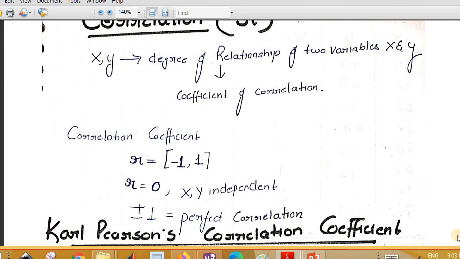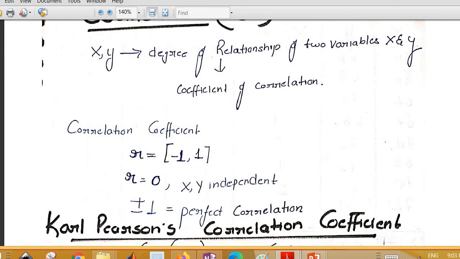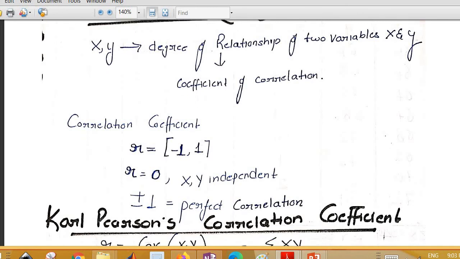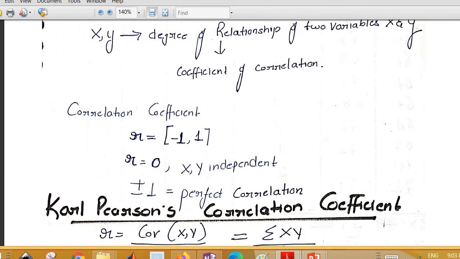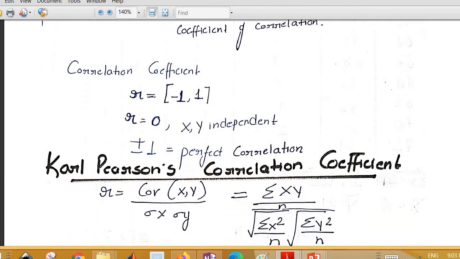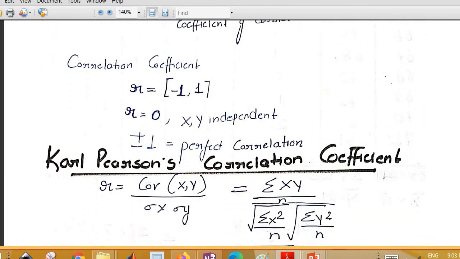Now two methods are there. The first is the Karl Pearson coefficient of correlation, to find the correlation coefficient with the help of the Karl Pearson method. So this is the formula to find the coefficient of correlation with the Pearson method, that is covariance of xy upon sigma x sigma y.